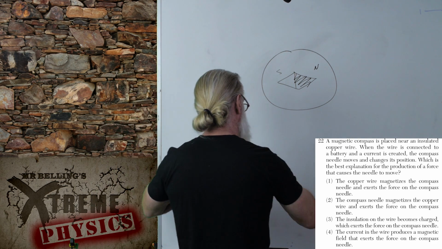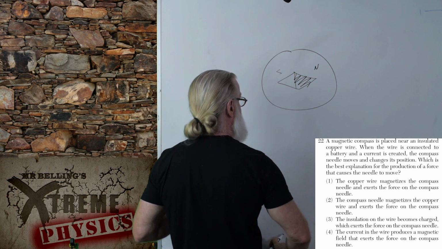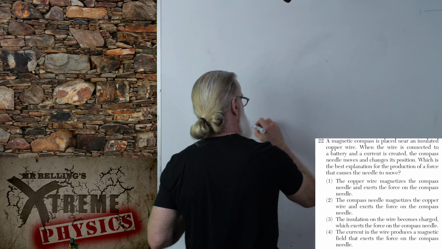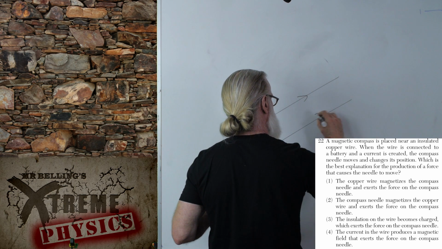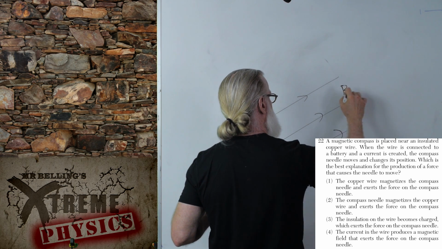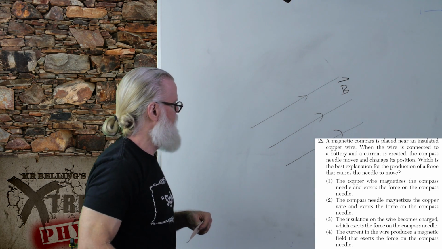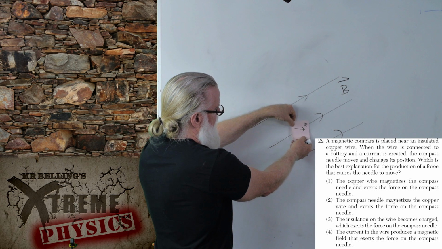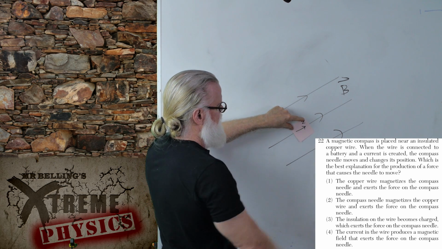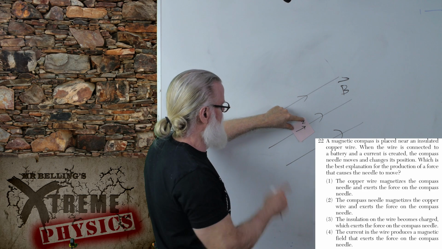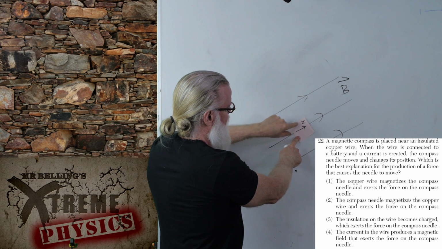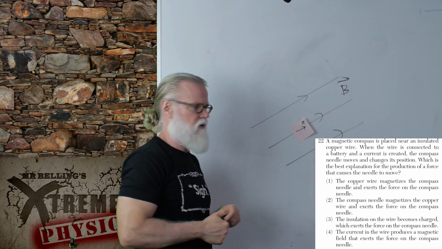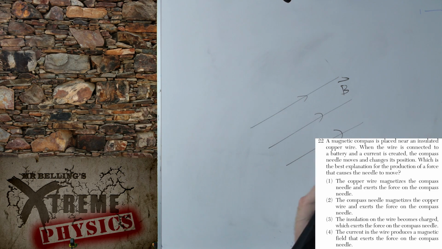If I had a magnetic field someplace in space, so here's my magnetic field, like that. The symbol for magnetic field is B. If I had my compass near here, it would align with the field. Right? That's the definition of the direction of a magnetic field: the direction the north pole of a compass would point.